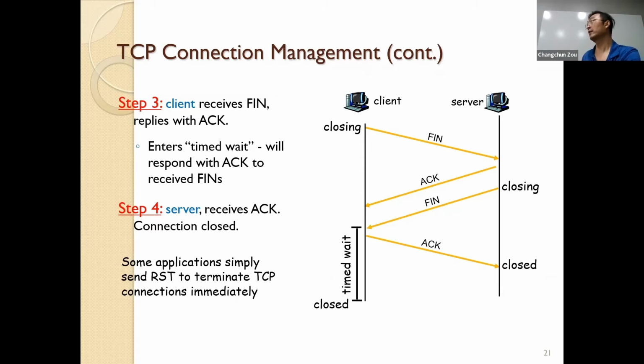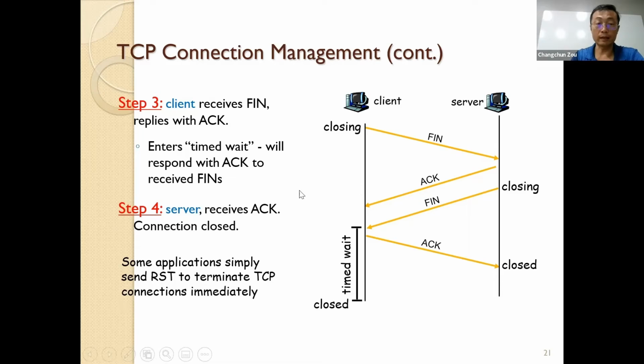But what happens if this reset packet is lost or damaged during the communication? Then the server will hang on for your connection until it times out. The server usually has a longer timeout for any client connection, so that will waste a lot of resources for the server. That's why reset is not a polite way to terminate a connection.